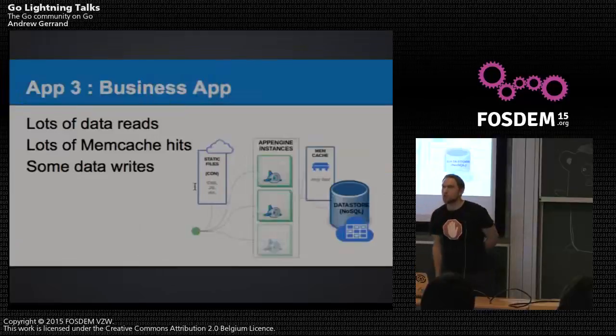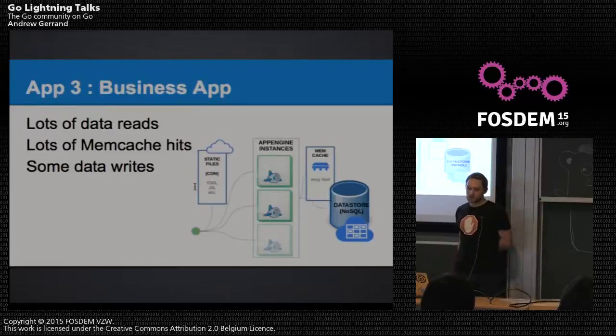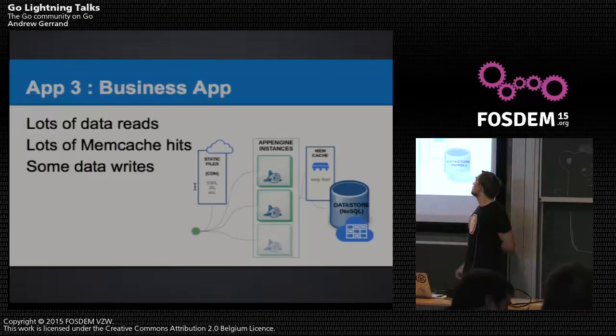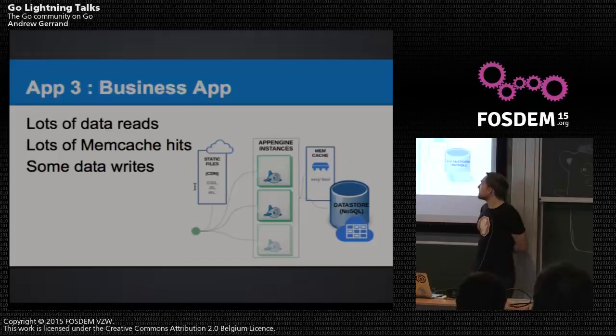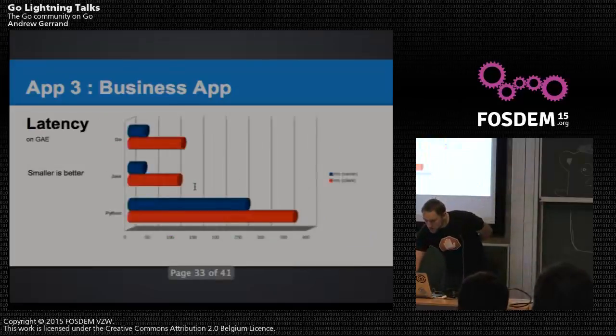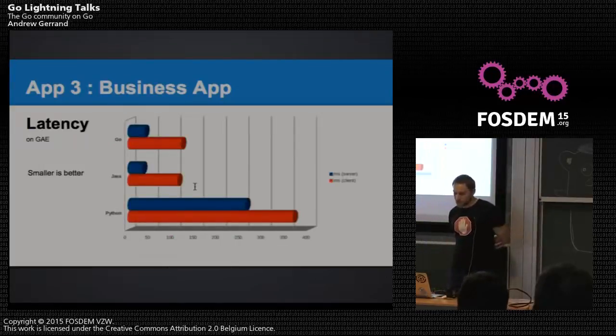Okay. In the real world, web applications are more like a business application. You display some nice pictures, you get some data from the database, and you use memcache to cache that. For this kind of application, as I measured, Go and Java are quite fast.